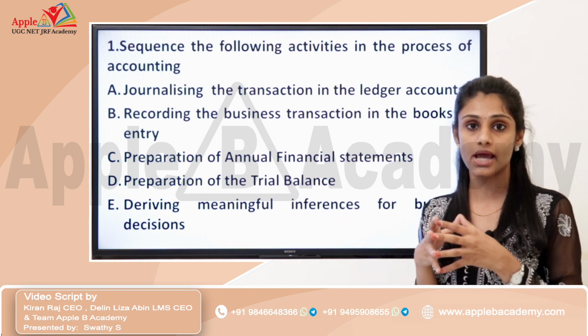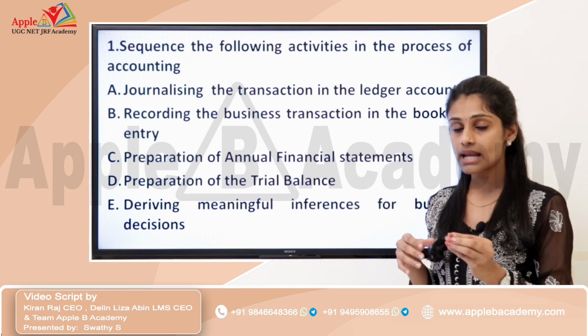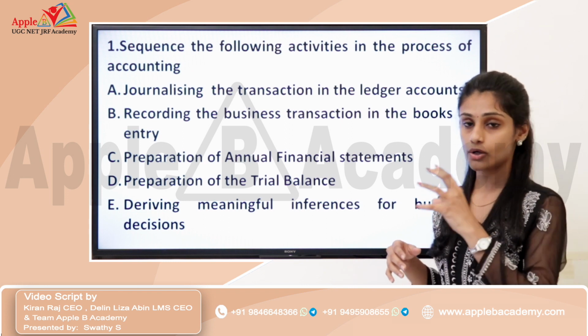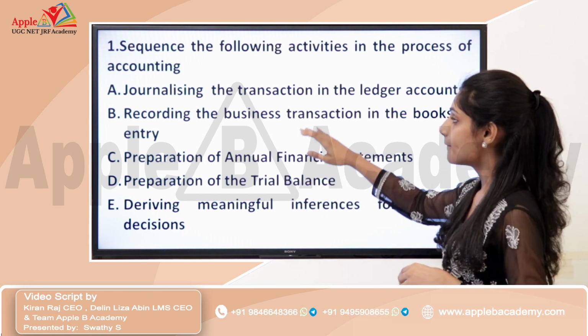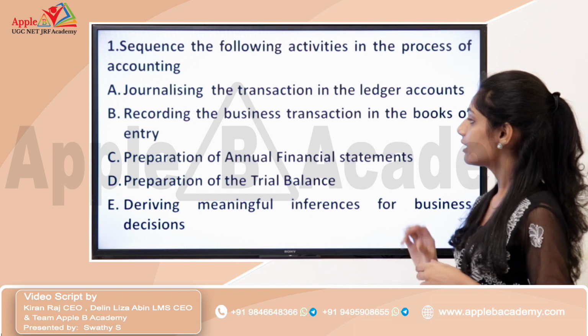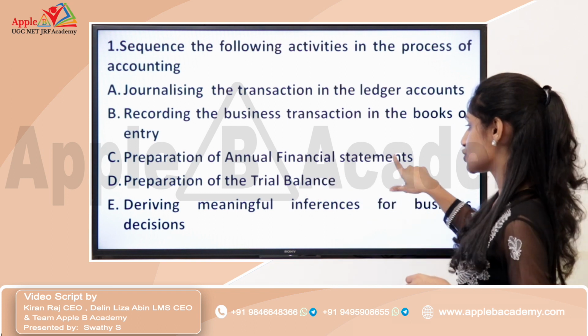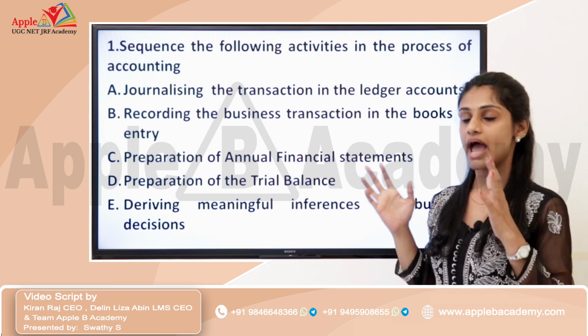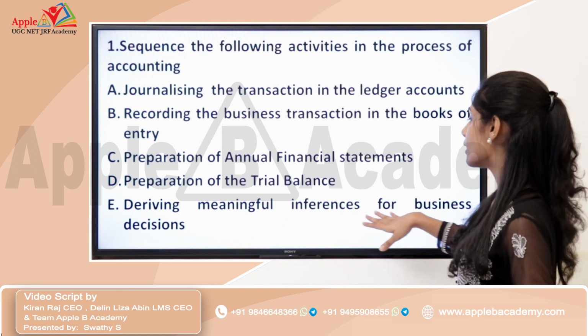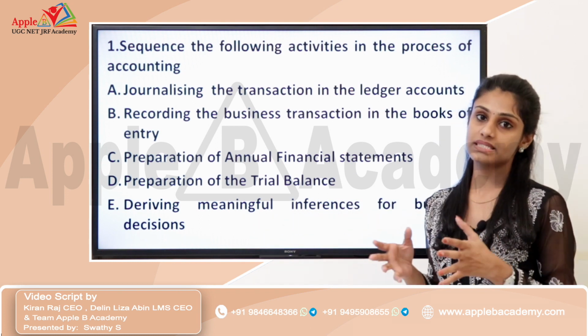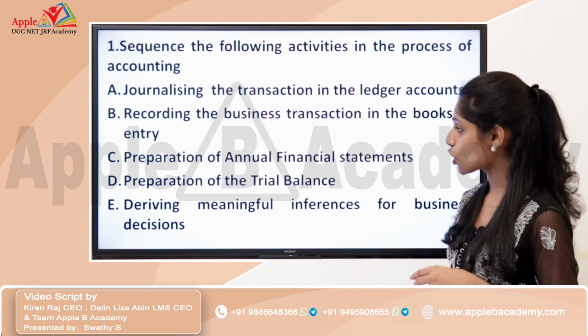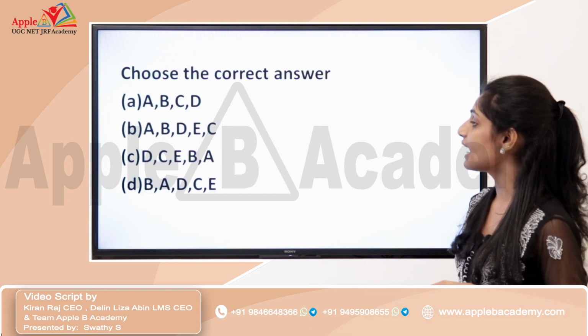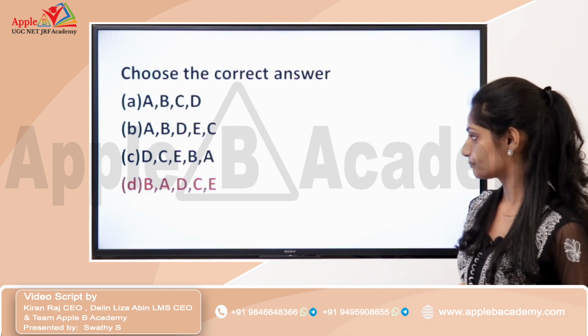How are we preparing the trial balance? We are preparing the trial balance from the ledger account balances. Okay, so B, A and D, and then it is about the preparation of annual financial statement, and with that you can make a meaningful inference for business decision. So the correct option will be B, A, D, E, C.